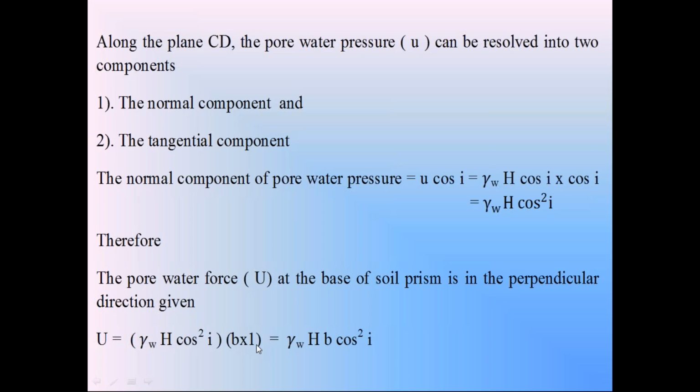You will get the pore water force U on the surface CD in the perpendicularly upward direction: gamma W H B into cos square i. We converted this pore water pressure into force. Force is equal to pressure into area. So this U is gamma W H B into cos square i.